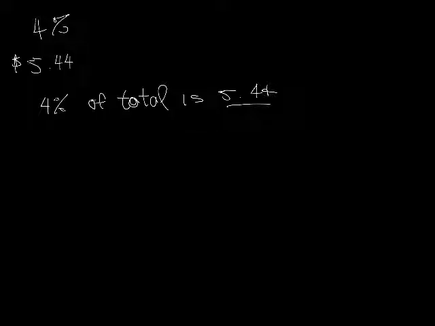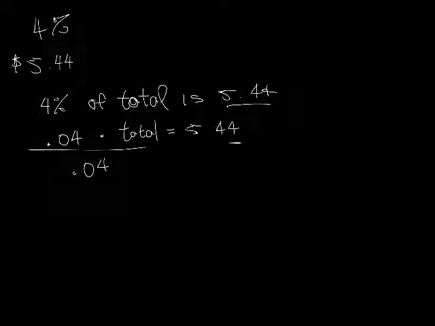So let's go ahead and write that as an equation. 0.04 times the total, which we could call X, or let's just write it as total, is 5.44. So now we divide both sides by 0.04.